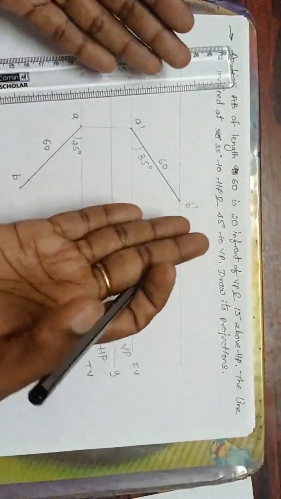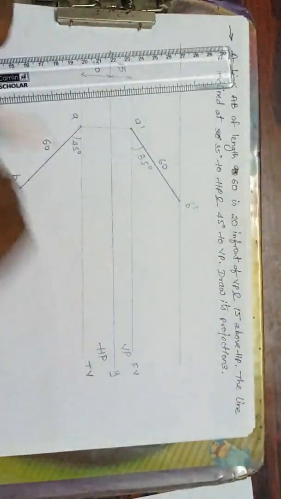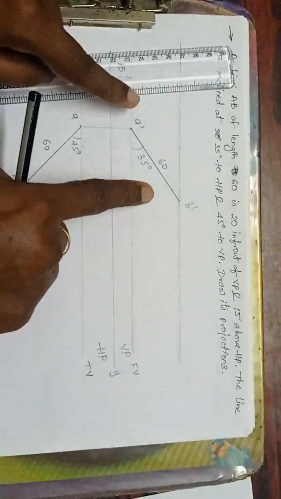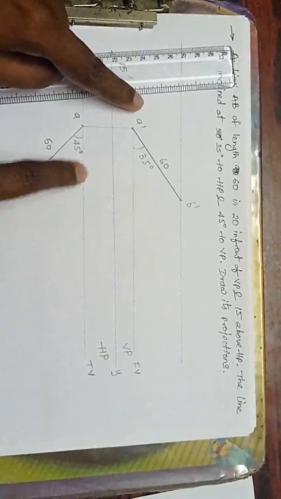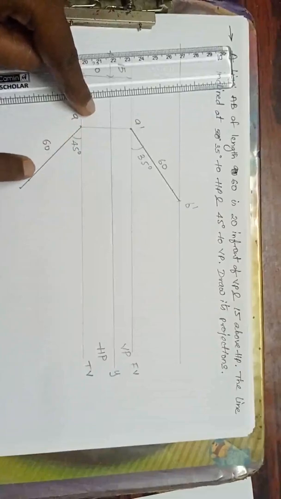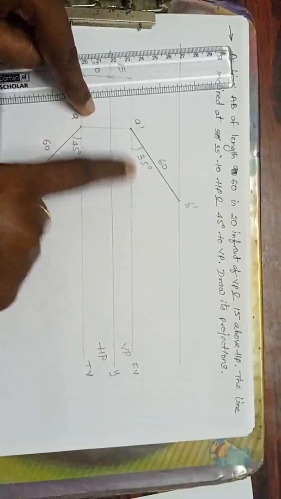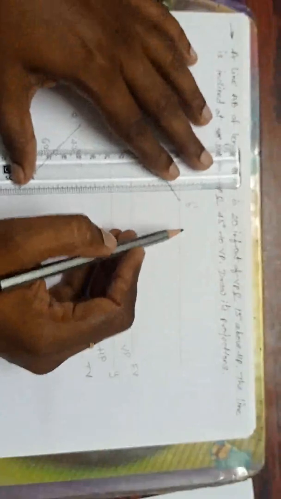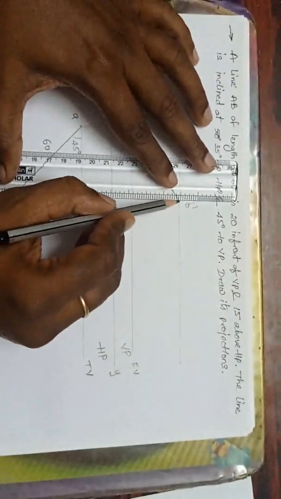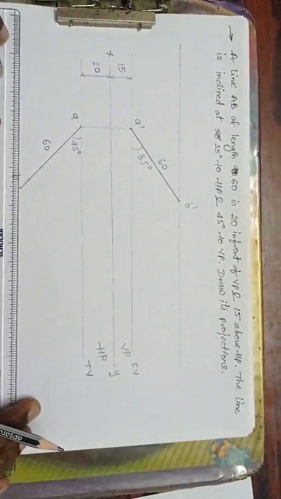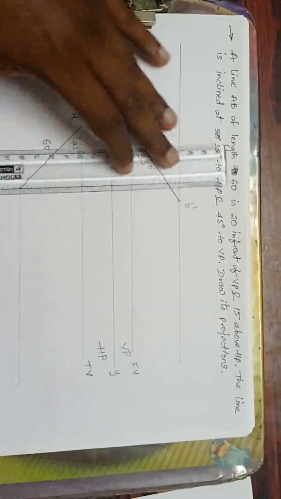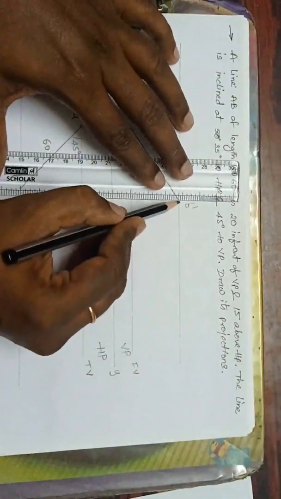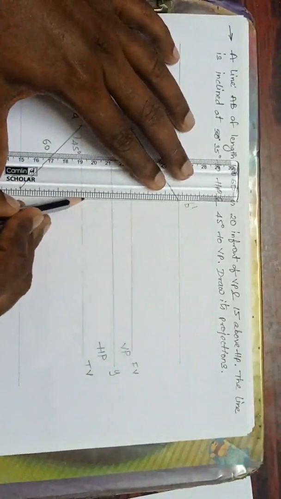I have to draw the imaginary lengths onto the other principal planes. Suppose this is the VP, this imaginary length will appear on the HP. If the true inclination is in the HP, this imaginary length will appear on the VP. Reverse, no? Yes, we know that. So first I will draw the locus of B, like this. Now from B dash, draw the perpendicular line.